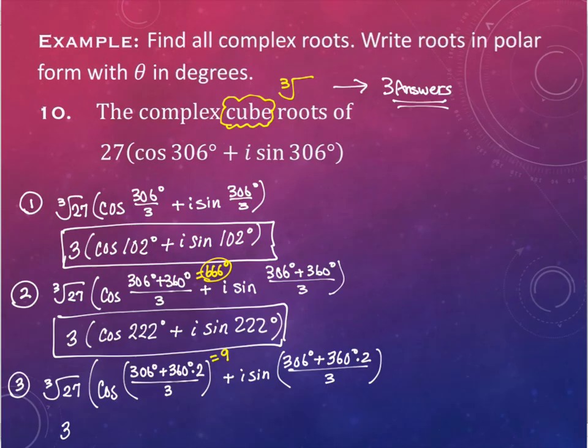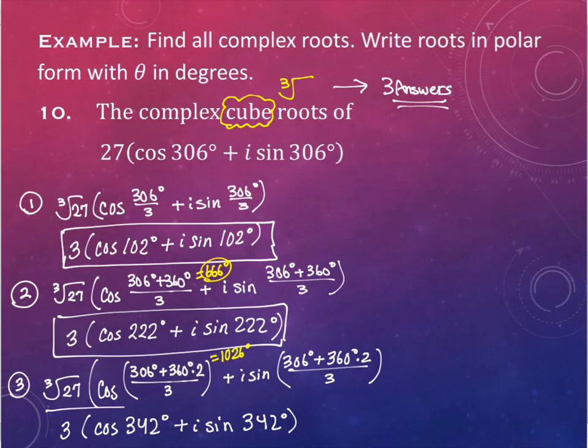Just the top part. I just want to write it in for good measure. 1,026. Okay. And then we want to divide that by 3. So what is 1,026 divided by 3? 342. Okay.